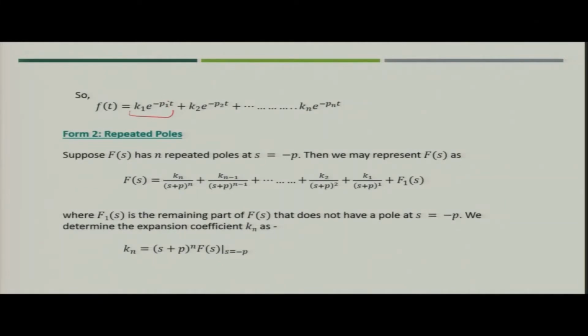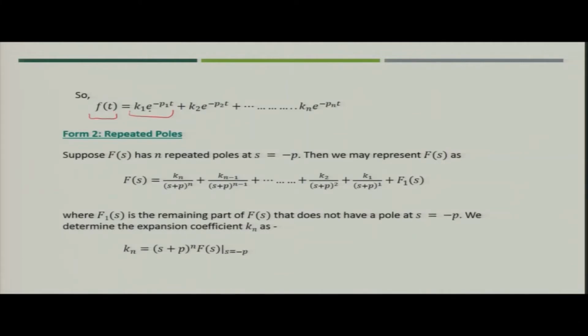This is the frequency shift property. If you recollect the frequency shift property, you can find the inverse Laplace transform of the first term, which becomes k1 e^(-p1 t), and similarly for the other terms. Finally, when you club all of them, you will get the inverse Laplace transform of the function F(s).